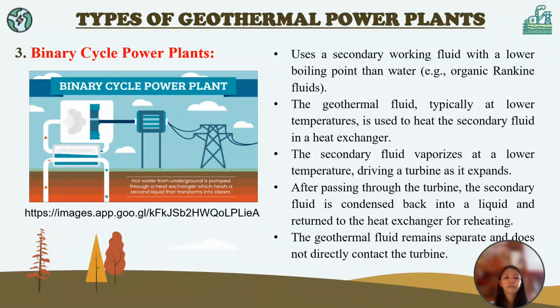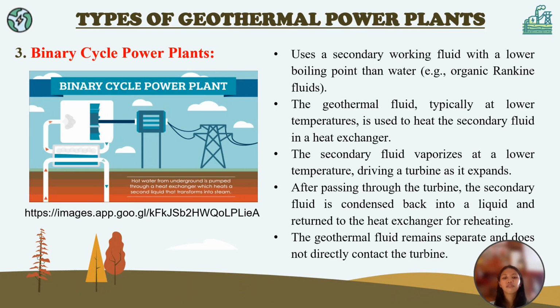The third type is binary cycle. It uses a secondary working fluid with a lower boiling point than water, for example, organic Rankine fluid. The geothermal fluid, typically at lower temperatures, is used to heat the secondary fluid in a heat exchanger. So for this type, it uses a heat exchanger.